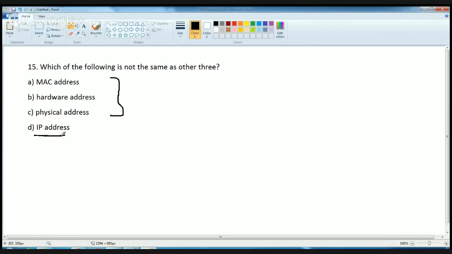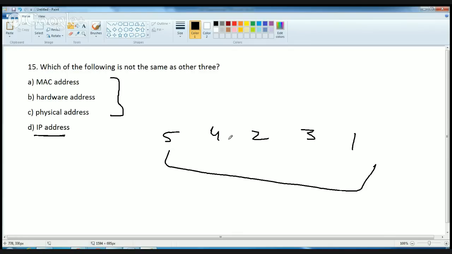On the other hand, an IP address is the address by which you connect to a common network. For example, I am working in an office where there are 5 computers. So these are the 5 computers. All of these 5 computers are connected to a common system or a common internet platform.